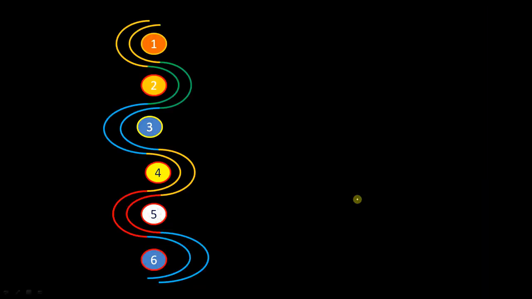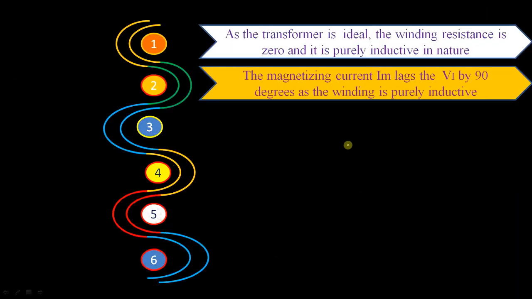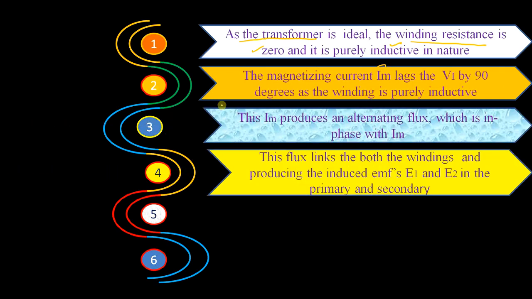Now note down all these points. As the transformer is ideal, its winding resistance is 0 and it is purely inductive in nature. The magnetizing current Im lags V1 by 90 degrees. The third point: Im produces an alternating flux phi, so both are in phase, and this flux links with the primary and secondary windings, producing E1 and E2.